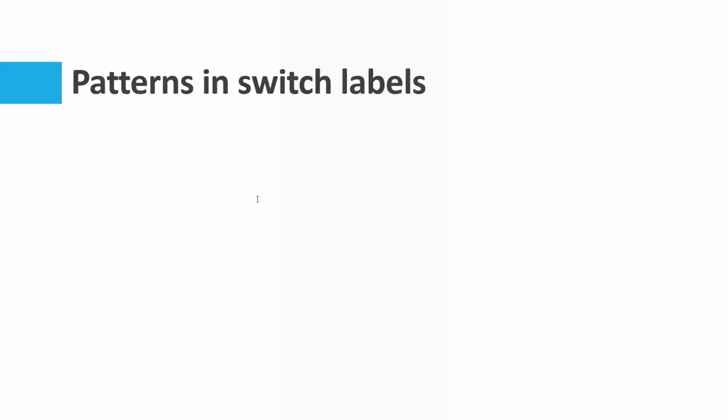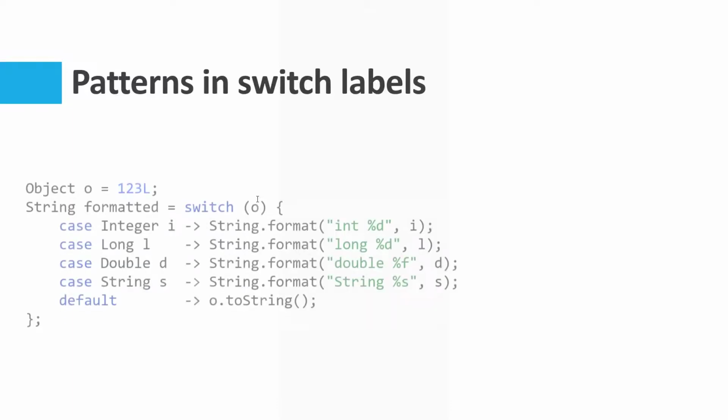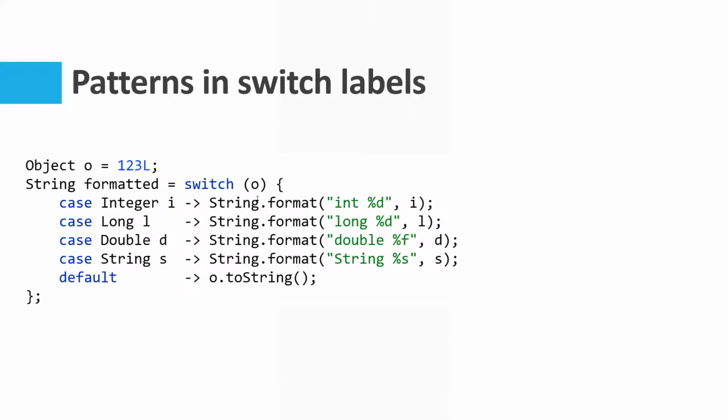The difference is that for case labels with patterns, this is determined by pattern matching rather than by an equality check. For example, in the following code, the value of o matches the pattern Long l, and the code associated with case Long l will be executed.